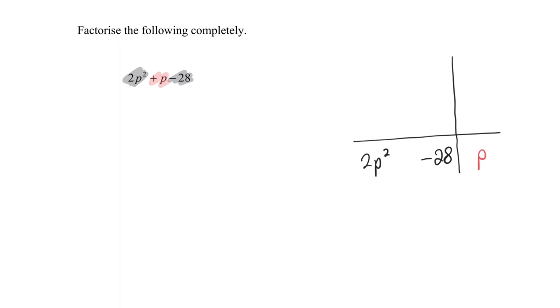So the factors for 2p squared will be 2p times p. That will give me 2p squared. And for 28, let me just write out all the factors for 28.